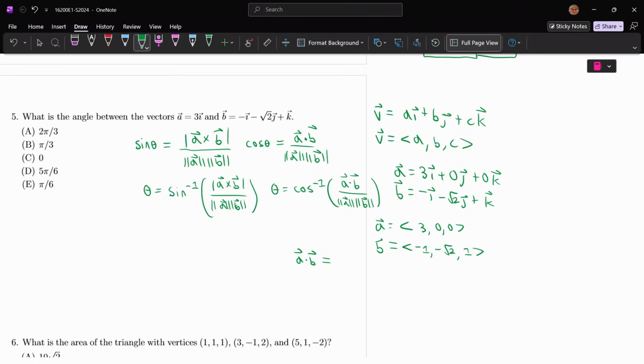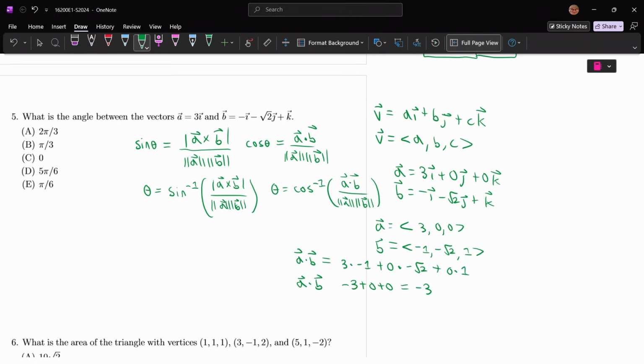So a dotted with b is equal to 3 times negative 1, plus 0 times the negative square root of 2, plus 0 times 1, which gives us negative 3 plus 0 plus 0. So a dotted with b is equal to negative 3.